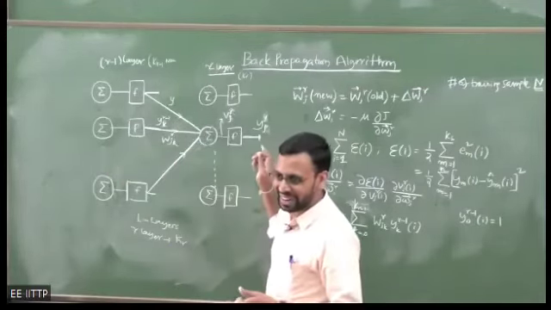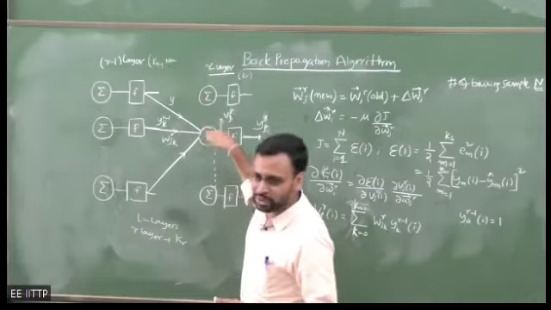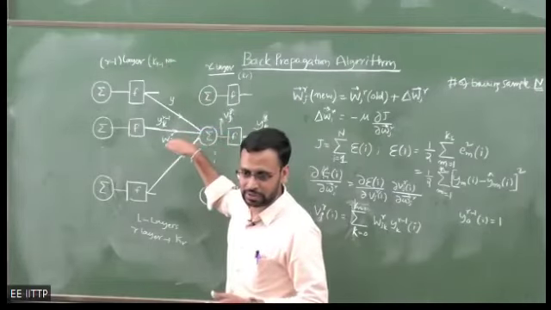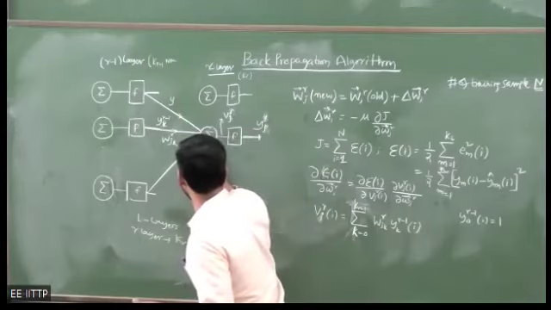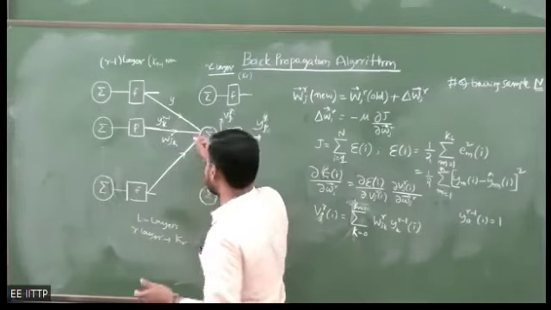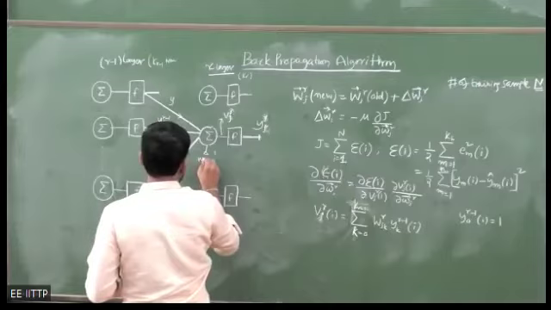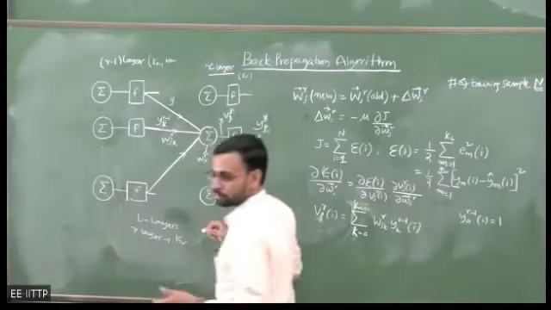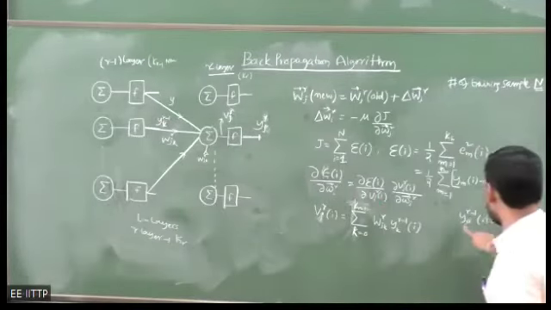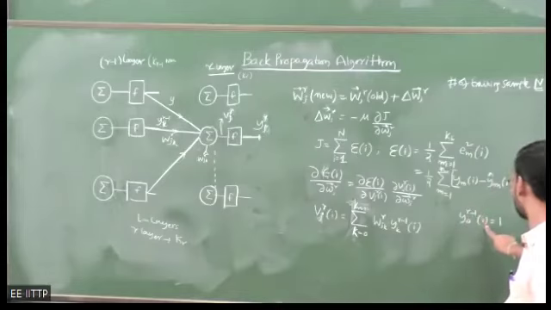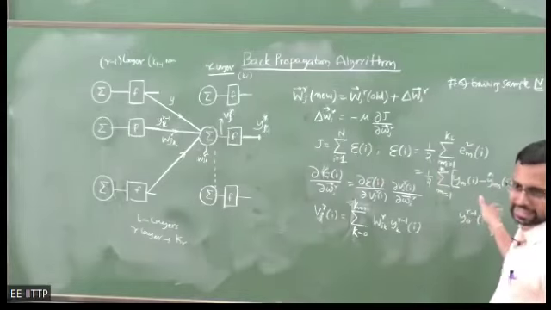And for 0, there is a bias here. In fact, if I write Wj0R, and make Y0 of R minus 1 equal to 1, I will get the same thing. Clear?